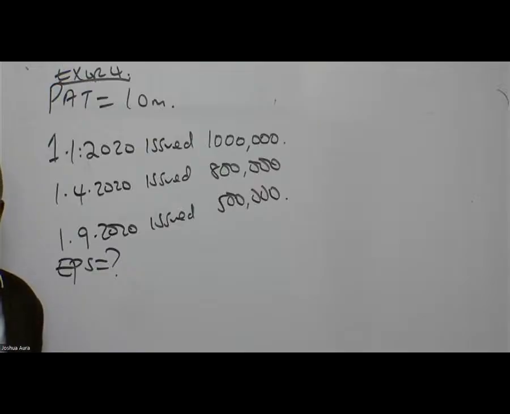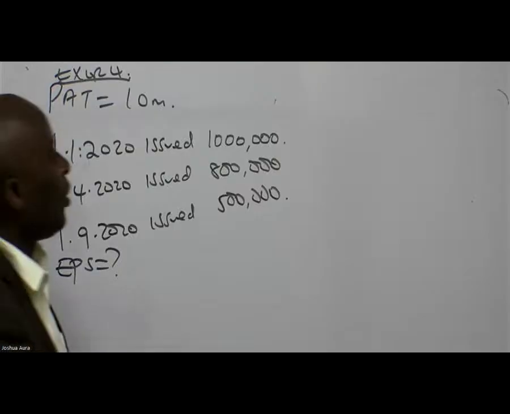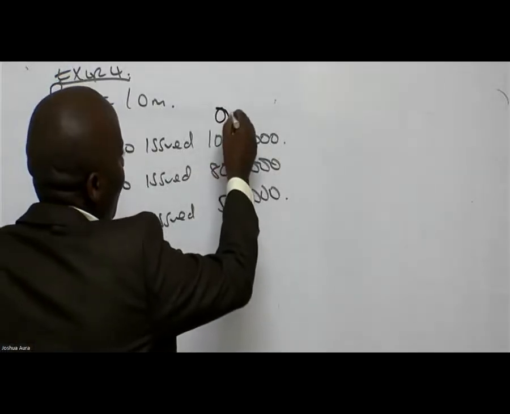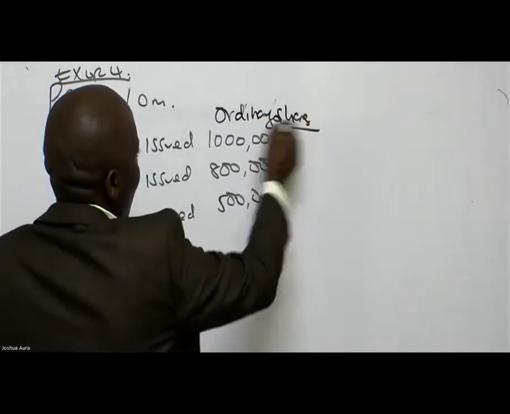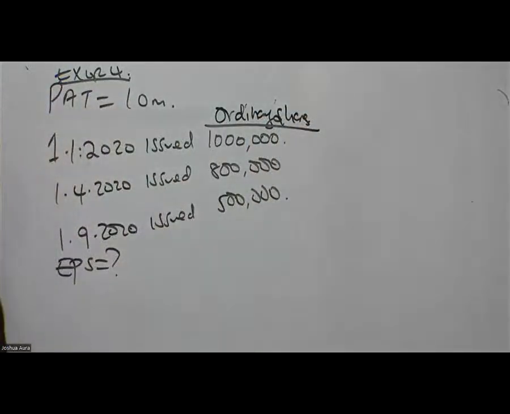You can see now here, issued 1 million shares. Remember, all these are ordinary shares that were issued in different dates.